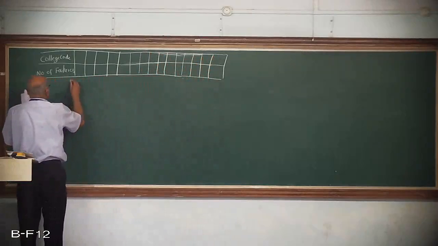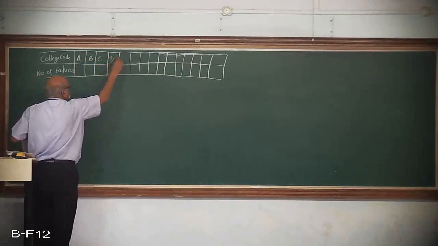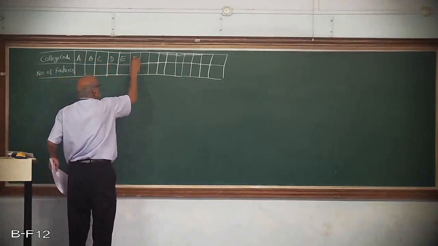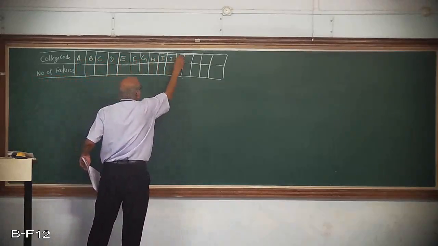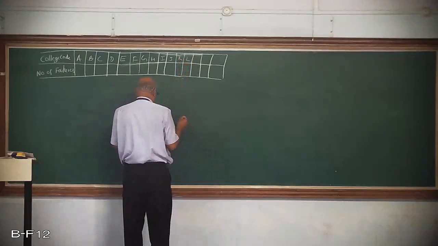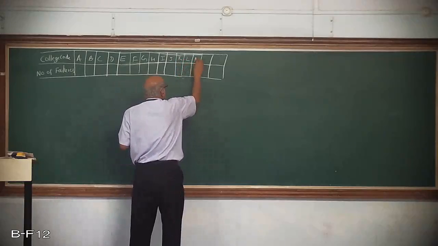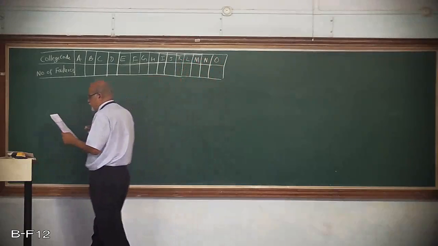College codes A, B, C, D, E, F, G, H, I, J, K, L, M, N, O. There are 15 colleges.